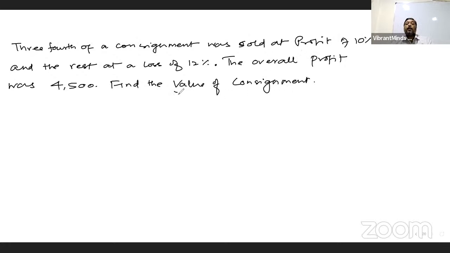Let's say I am taking the value of consignment as X rupees.